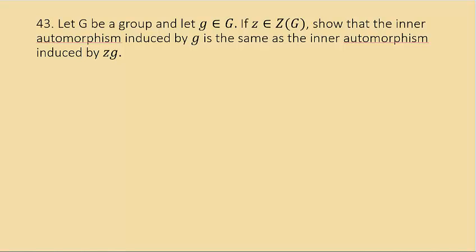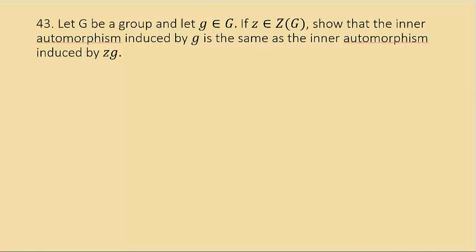Problem 43. Let G be a group and g be an element of G. If z is in the center of G, show that the inner automorphism induced by g is the same mapping as the inner automorphism induced by zg. Well, let's write down those 2 mappings.